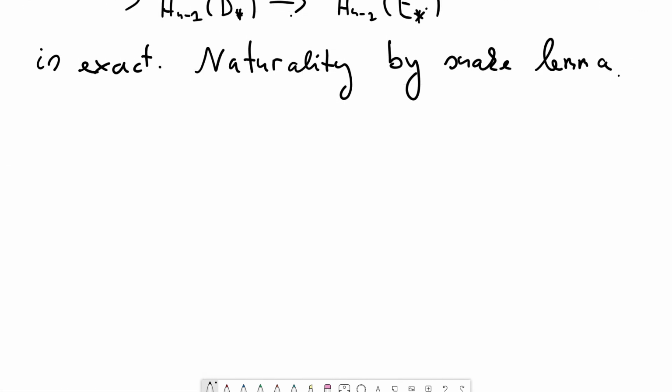So let me just write this down again. The last 2 morphisms, I mean 3 terms, 3 objects means 2 morphisms.